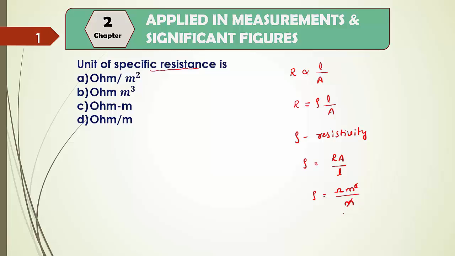Meter and meter get cancelled, so the SI unit of resistivity or specific resistance is ohm meter. So option C is right.